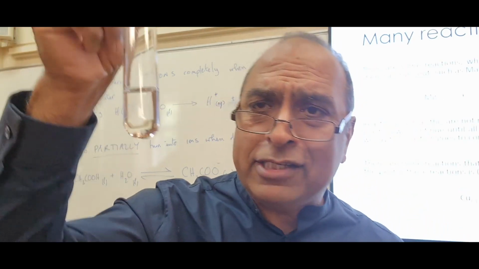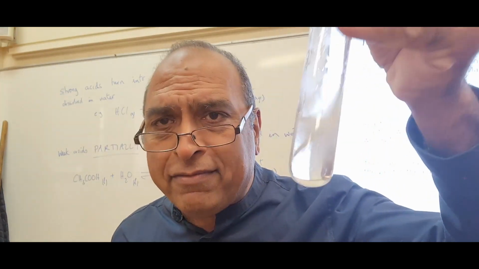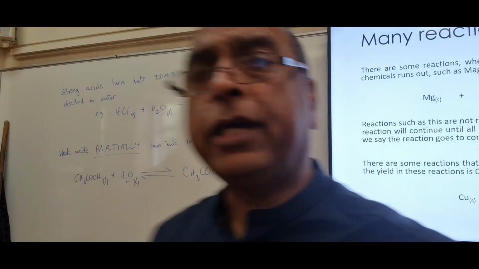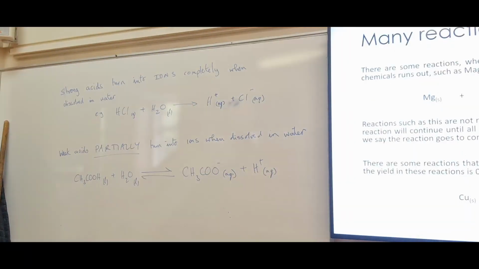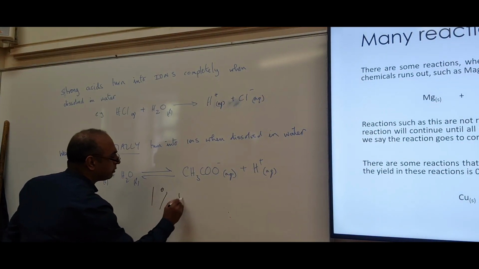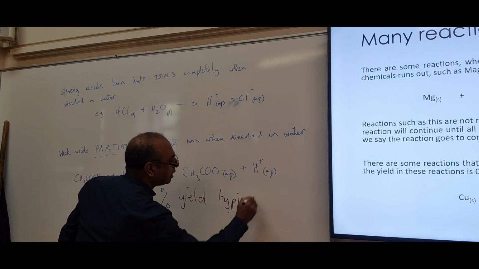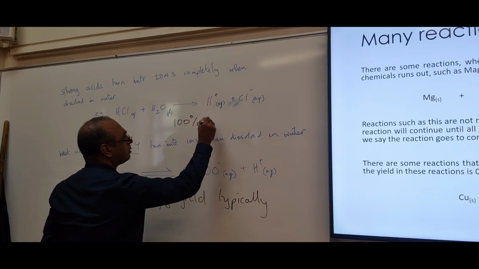Their yields are definitely more than 0, and their yields are definitely less than 100%. In the case of vinegar, typically we have about 1% yield, typically. And for this one, it is 100% yield.